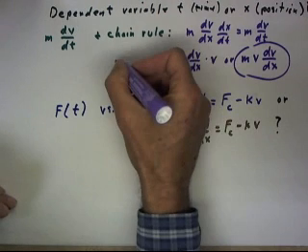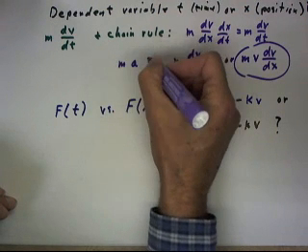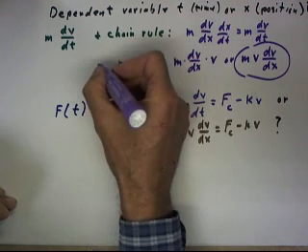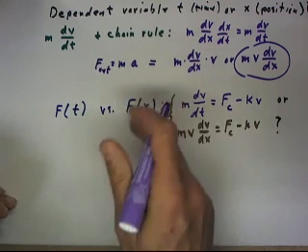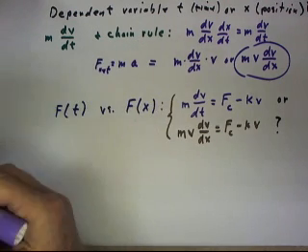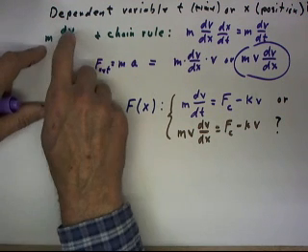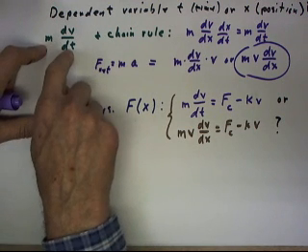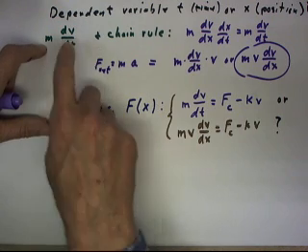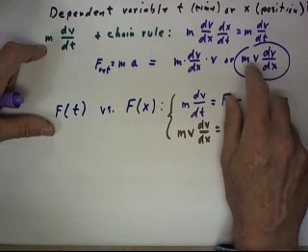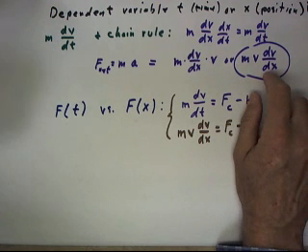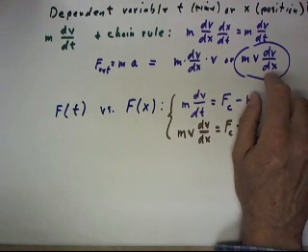And once more, this is nothing but mass times acceleration equals net force. So our net force can be expressed as m dv/dt, mass times the derivative of velocity with respect to clock time, or as mv dv/dx, where v is understood now to be a function of x.